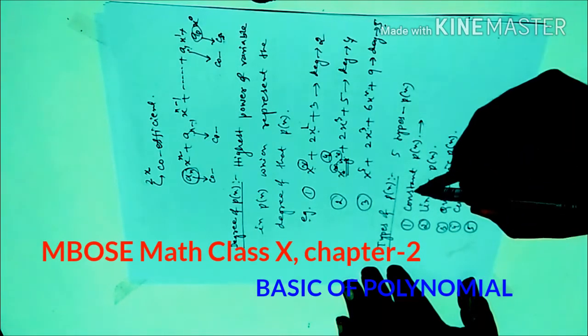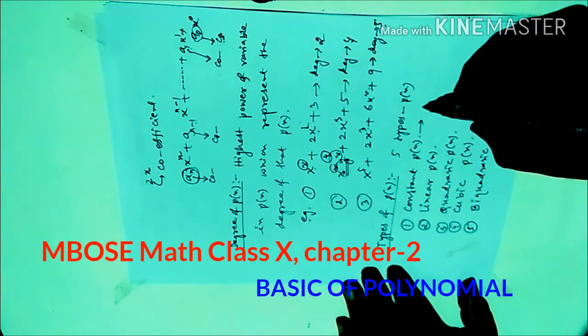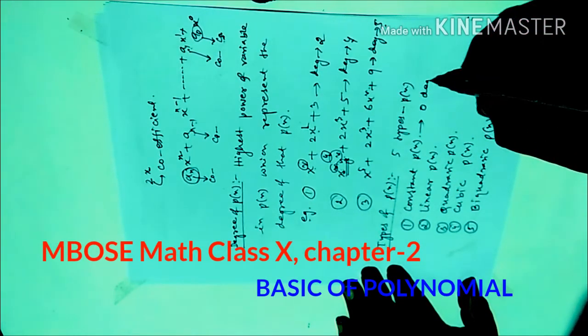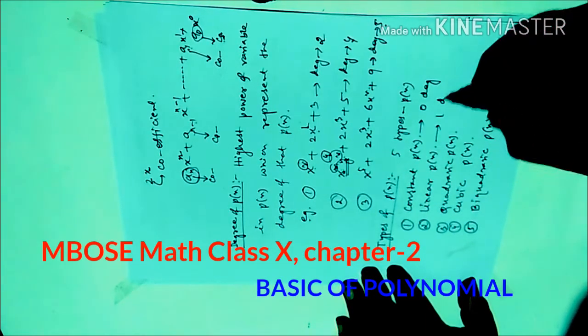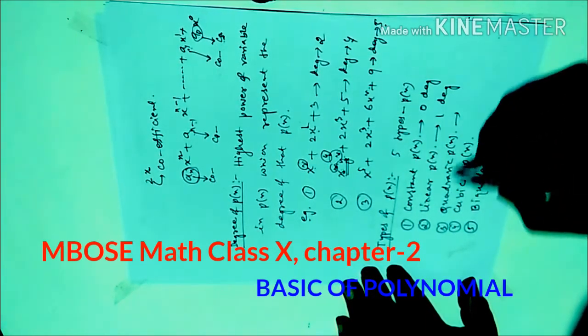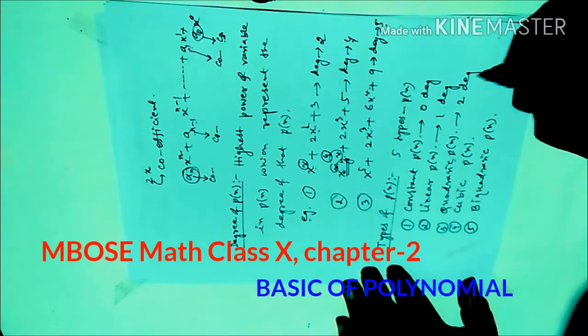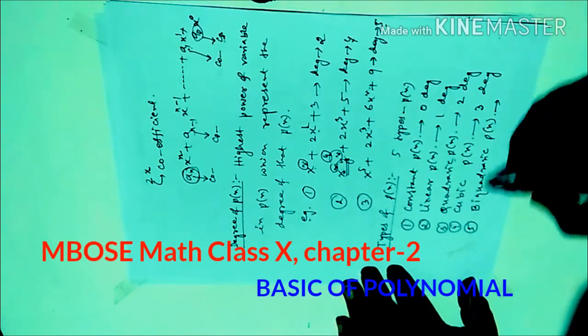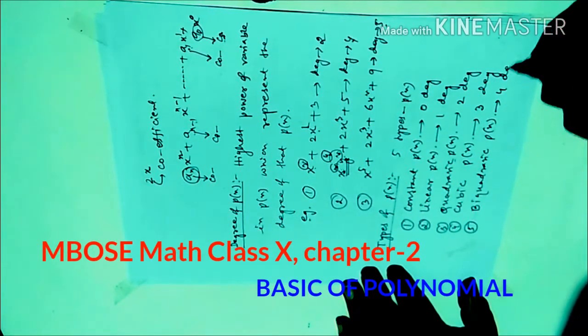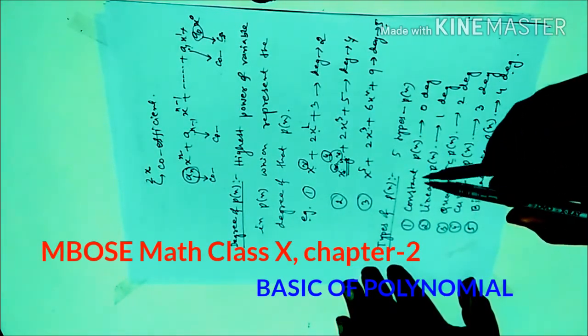If 0 degree, then we call constant. Simply you can write 0 degree. Here how much degree for linear? 1 degree. For quadratic how much degree? 2 degree. For cubic 3 degree. For bi-quadratic 4 degree. I hope you understand.